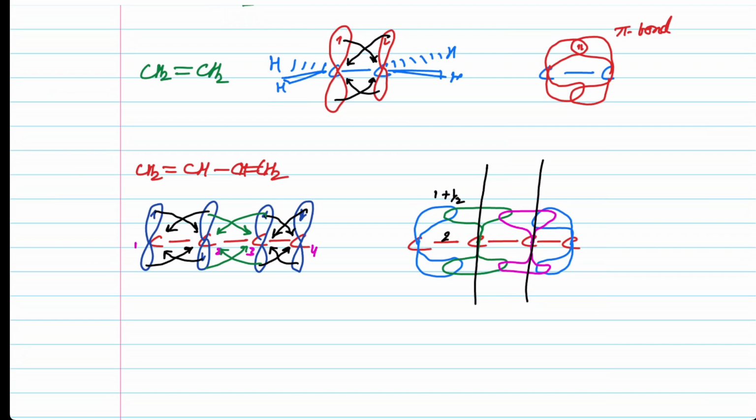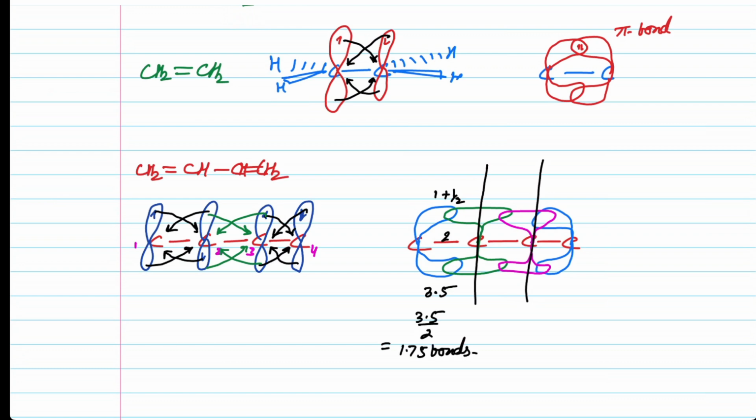So here we talk about the total number of electrons present between the two carbons, carbon number 1 and 2, is 3.5. We understand that two electrons make one bond. So 3.5 electrons are going to make 3.5 divided by 2 equal to 1.75 bonds.